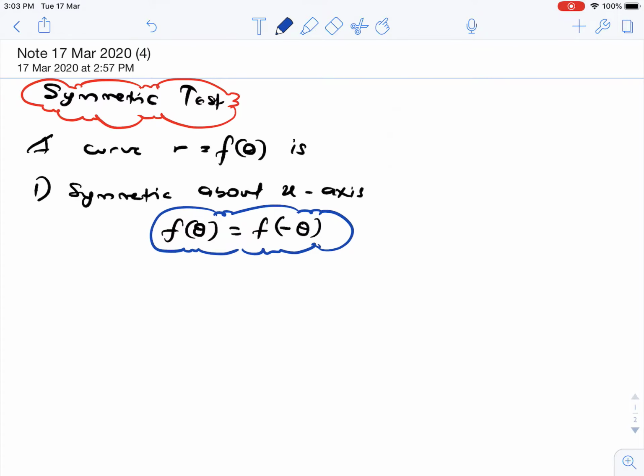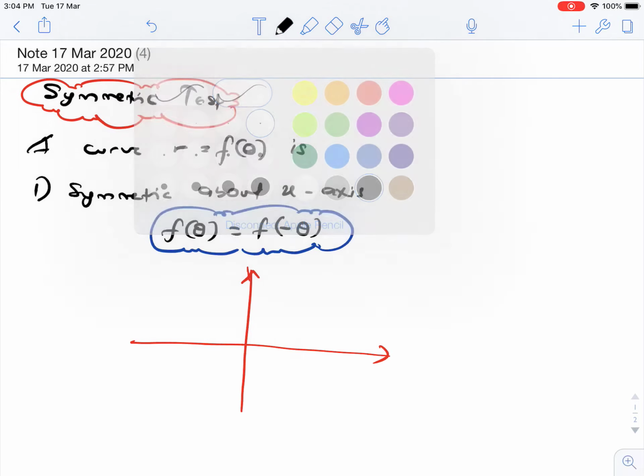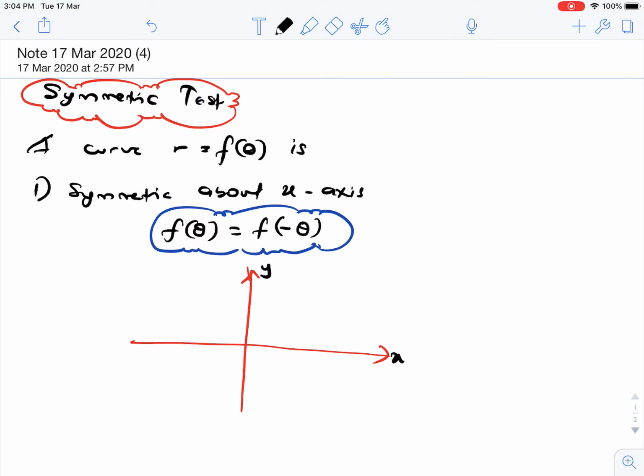Okay, physically it's something looks like this. Let's say this is your x-axis and here is your y-axis. So for example, let's say we have this coordinate here with r and theta. So let's say this is theta.